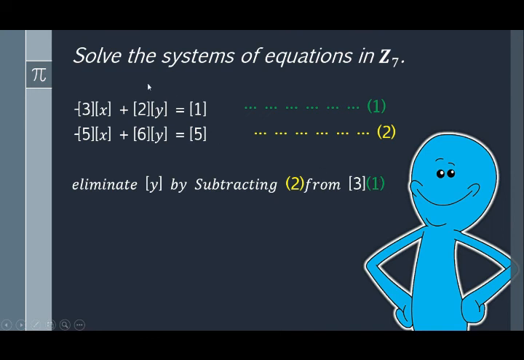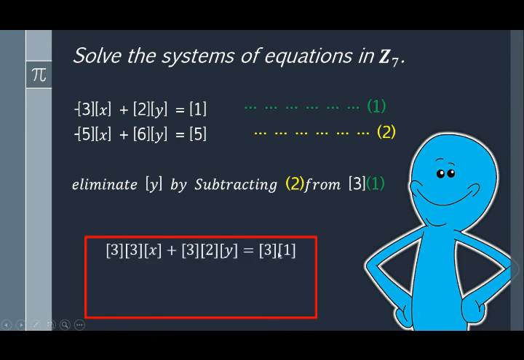I'm multiplying equation 1 by the congruence class of 3 because I want to match the value of the congruence class of 6 times the congruence class of y with the one above. By multiplying by the congruence class of 3, I'm going to get the congruence class of 6 times the congruence class of y here as well.